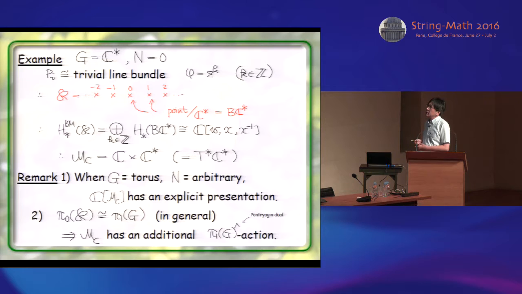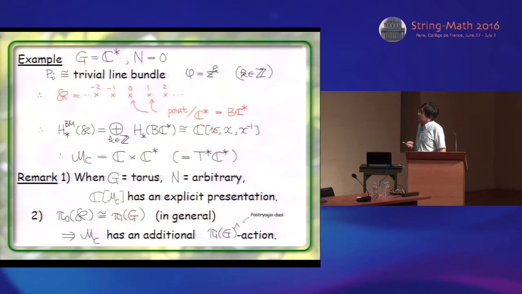So the space R is just a collection of points parametrized by integers. And one thing you must be careful about is that there's automorphism. So I consider the moduli stack, so I don't forget the automorphism. So this is not a single point. You have the automorphism of C star.